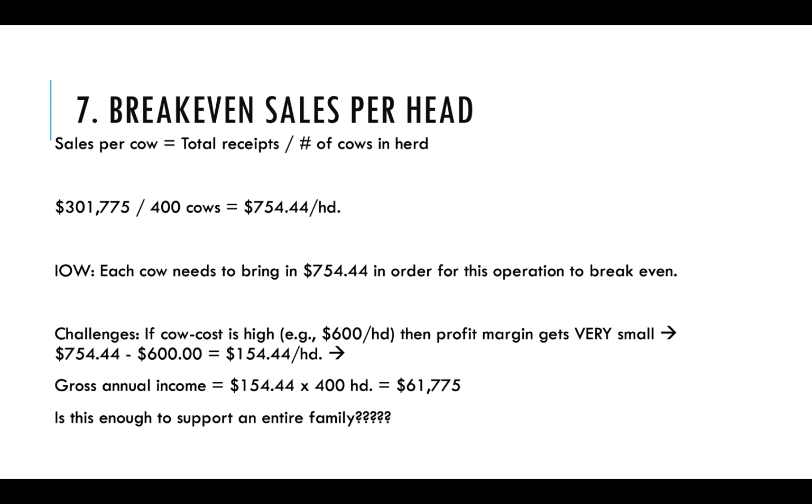And so something you need to ask yourself as you are going into the cow-calf business is, is this enough money to support an entire family? And in some areas of the country, it absolutely might be. In California, the cow costs are probably higher than $600 in a lot of areas, so it would be a very big challenge.